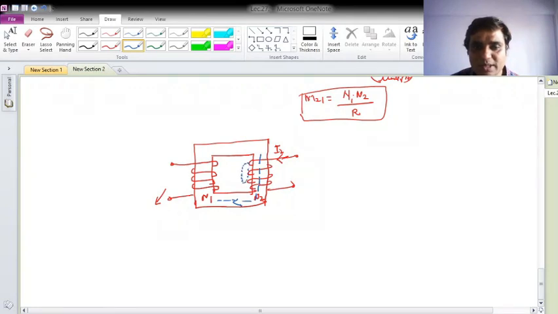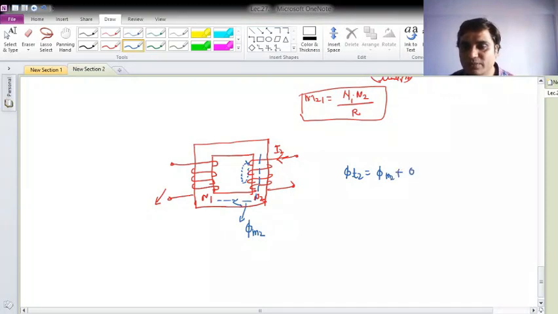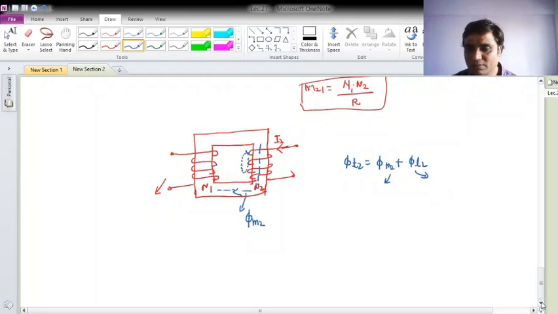This will be your leakage flux and this will be your mutual flux, which let me call phi m2 in this particular direction. This I can also write as phi t2, total flux, which will be phi m2 plus phi L2.